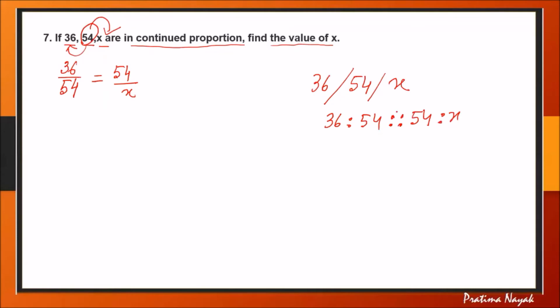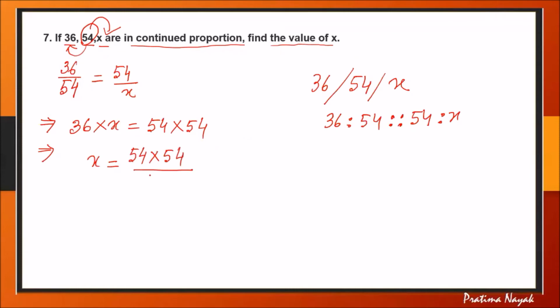I hope it is clear now. So cross multiply: 36 will be multiplied with x and 54 will be multiplied with 54. So x is equal to 54 multiplies 54 divided by 36.